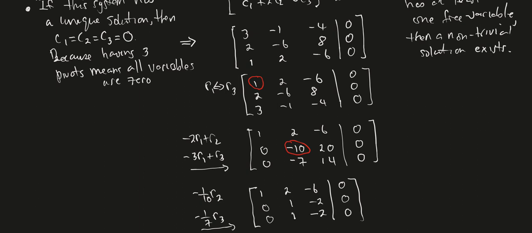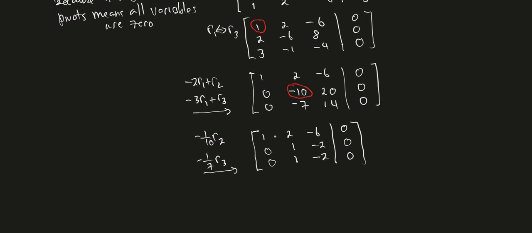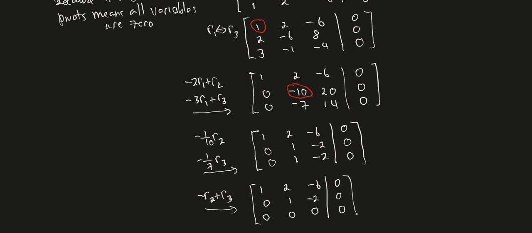When you end up with two identical rows in your system, it means you can now eliminate an entire row, and once you do that, we have our free variable. So it turns out it is possible, right? So let's go ahead and do it formally. So if we take -1 times row 2 and add it to row 3, we end up with 1, 2, -6, 0, 0, 1, -2, 0, and now we end up eliminating every entry in the third row, right?